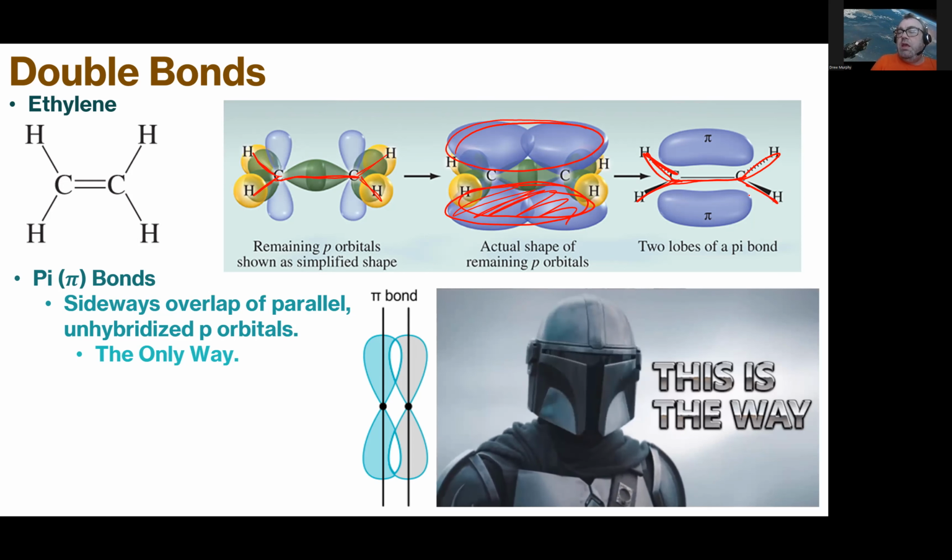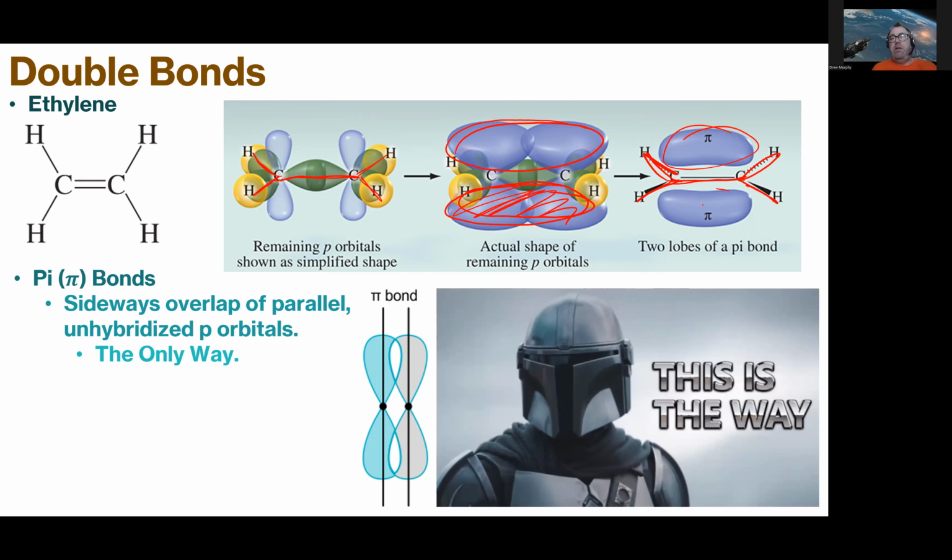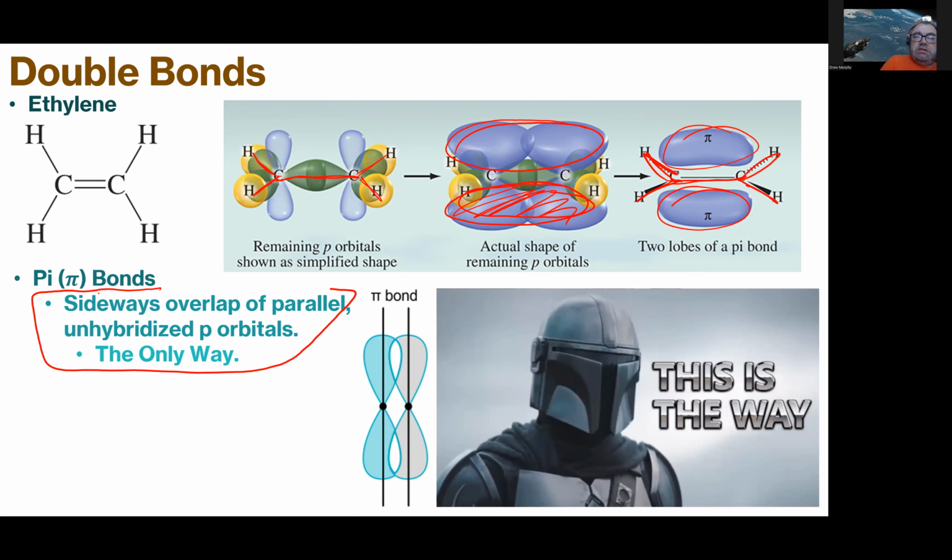Above it, we have some pi bond, and below it, we have some pi bond. This is a pi bond. This is our key thought right here. You're going to see this over and over again, and I'm going to hopefully drill it into our brains that the only way you're going to get a pi bond is to have sideways overlap of two parallel unhybridized p orbitals.